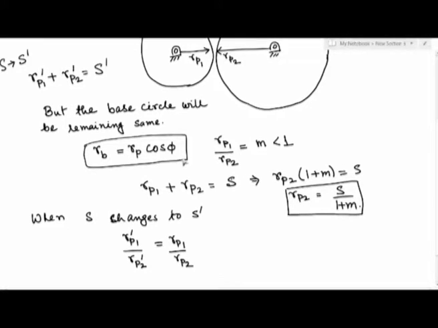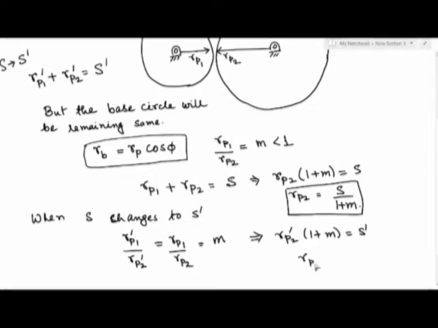So the value of phi will so adjust itself that the ratio again remains constant, and therefore this ratio will again be M. So at the end of the day again you will have the same formula, RP2 prime into 1 plus M is equal to S prime.